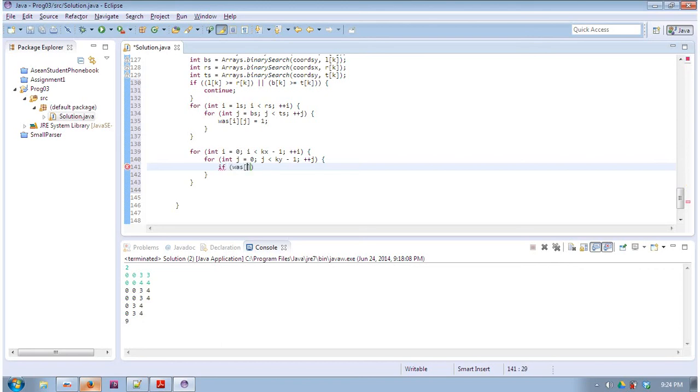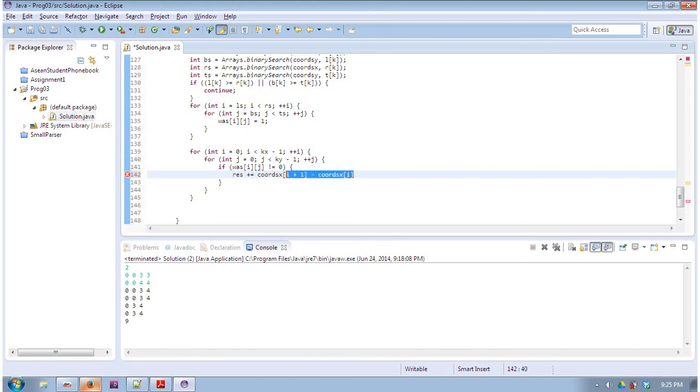So if was of ij is equal to 1, then we add the result, or s x of I plus 1 minus s x of I. So this is the width times height, right?